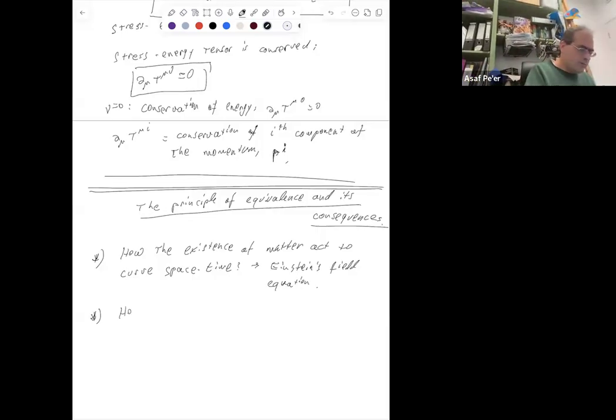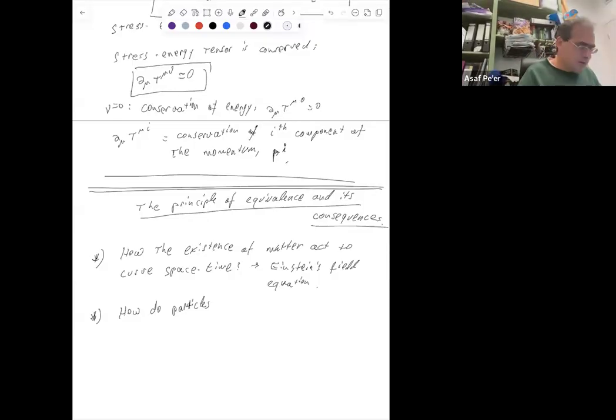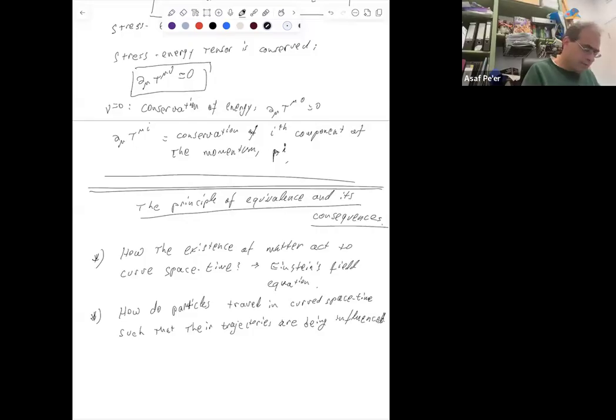So how do particles, and when I say particles, I also include massless particles, namely photons, travel in curved space-time such that their trajectories are being influenced by gravity.